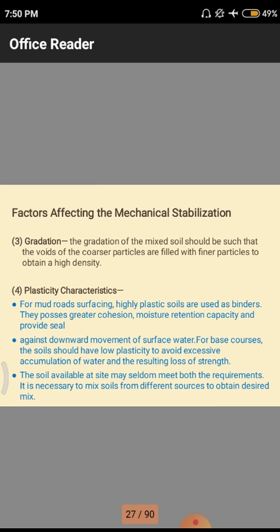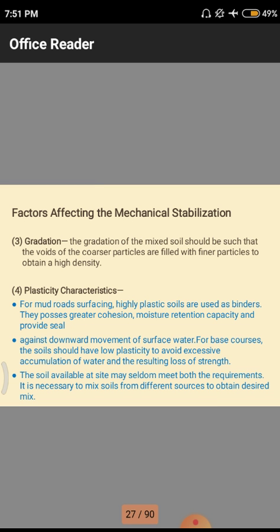Because those mud roads are very cheap in construction, so we simply prefer them. High plasticity soils are used as binders. They possess greater cohesion, moisture retention capacity and provide sealing. Here we are having a binding property. Normally soils are different, having different binding properties, so whenever we are constructing a mud road, automatically we have to choose a better binding material.